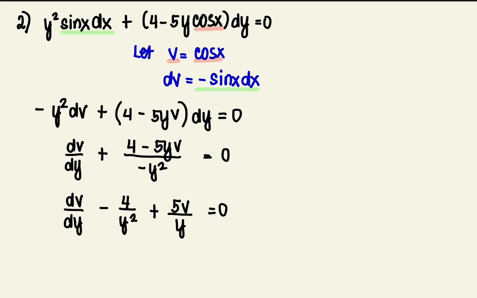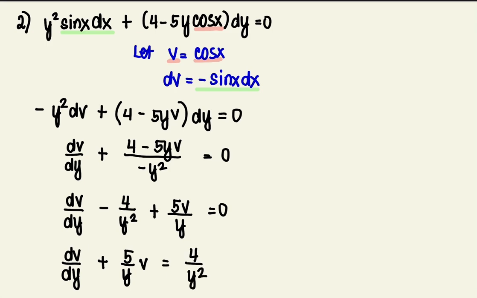And so we can see that we can express this as either a linear or Bernoulli equation. So rearranging, dv/dy plus 5 over y v equals 4 over y squared.